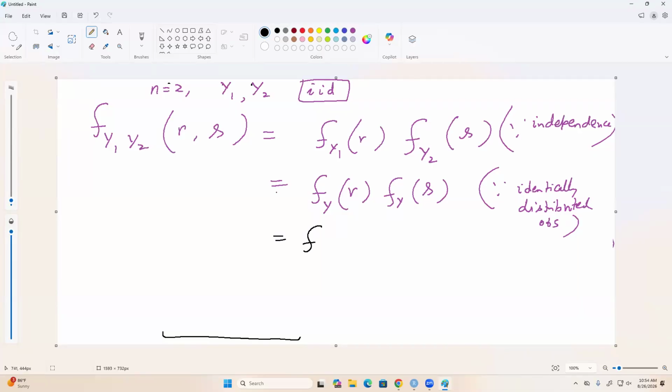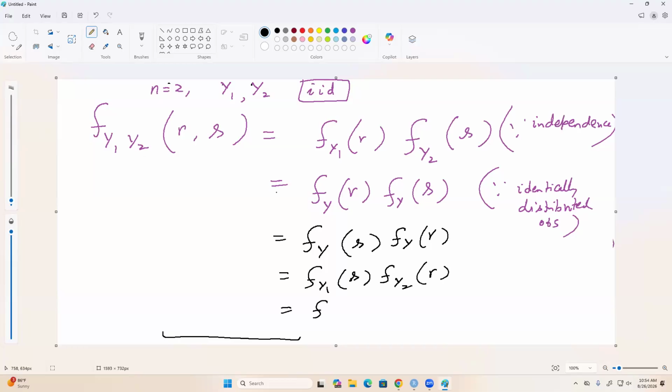I can also write F(s) times F(r), and I can write it as the joint density of y1, y2 at S and R. So look at this ordering R and S, and this is S and R. They are identical.